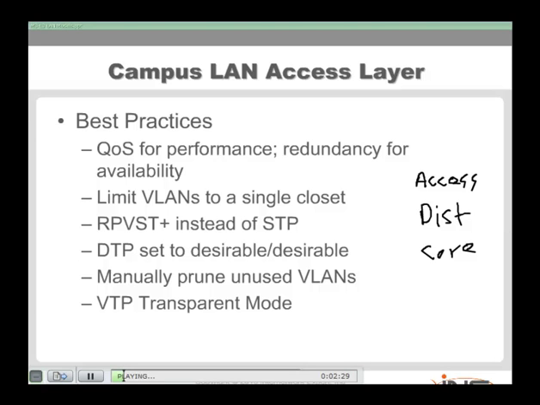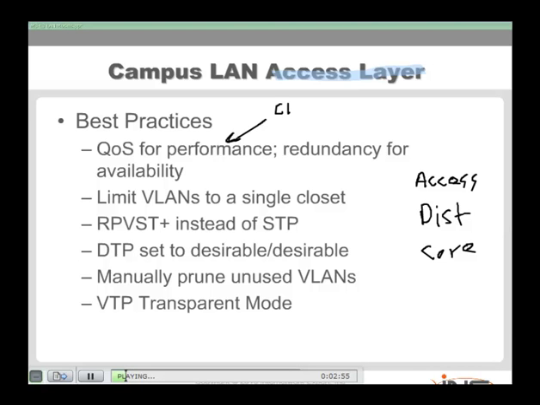With quality of service, there are definitely going to be best practices that we use to make sure performance of the traffic forms is going to be followed not only in the access layer, but in the distribution and core layers. Remember what we said regarding quality of service in the access layer?